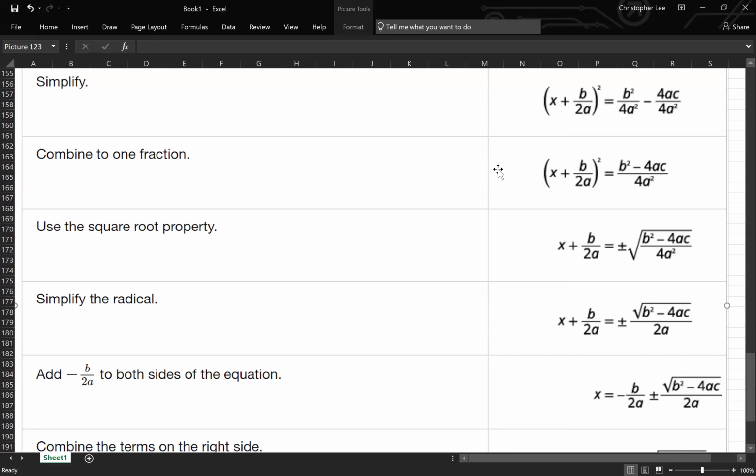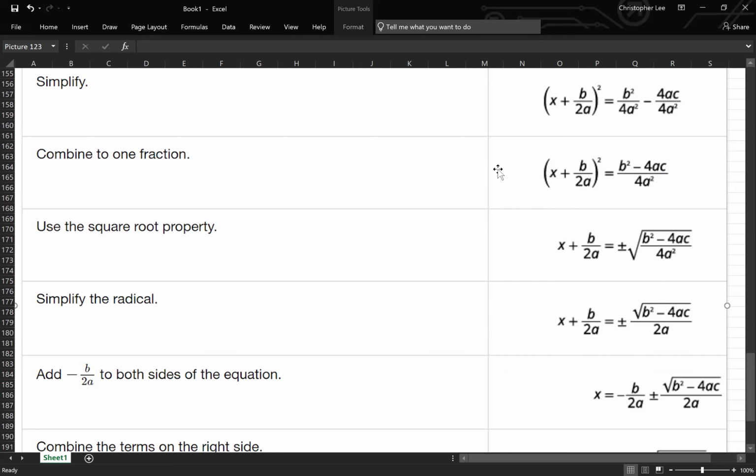To simplify the radical, we have x plus b over 2a is equal to plus or minus the square root of b squared minus 4ac divided by 2a. So we added negative b over 2a to both sides of the equation.